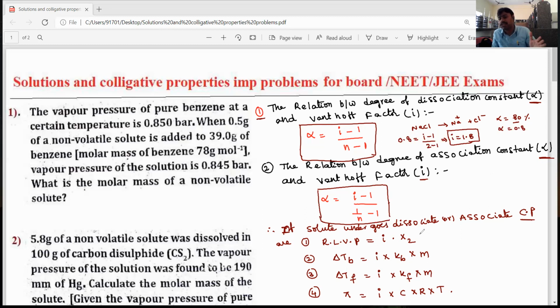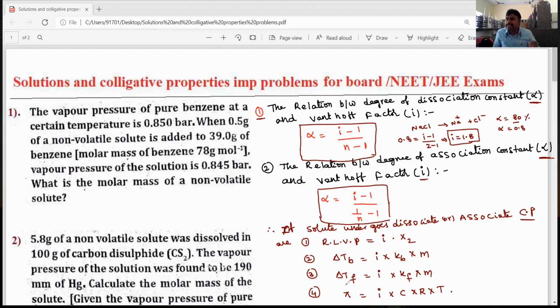If the solute undergoes dissociation or association, we must multiply the colligative properties with the Van 't Hoff factor. Then the relative lowering of vapor pressure is equal to i into the mole fraction of solute, the elevation of boiling point is equal to i into Kb into molality, and the depression of freezing point delta Tf is equal to i into Kf into molality.